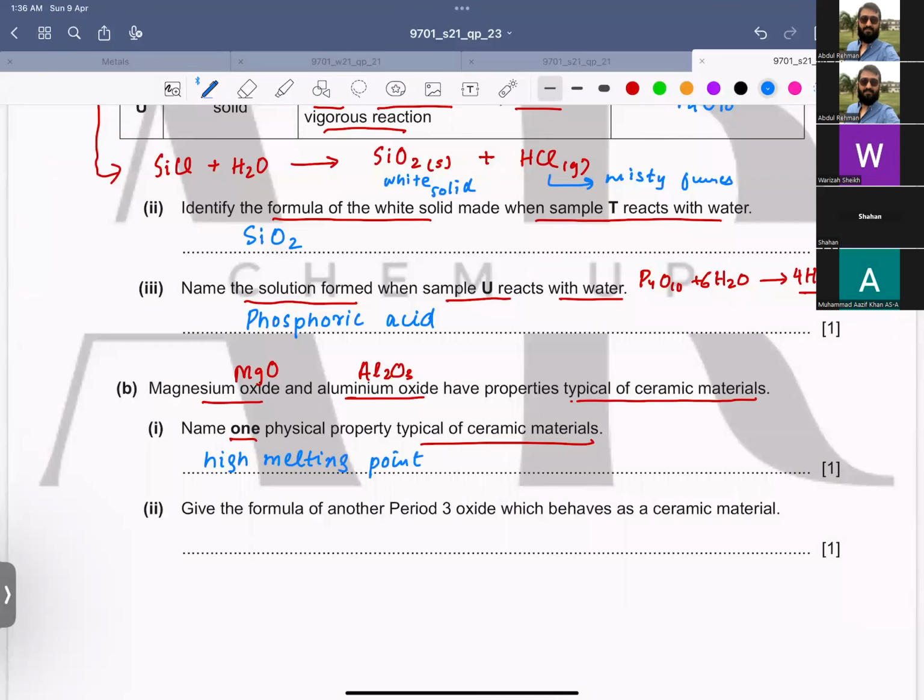Another property is that they are insulators, or non-conductors of electricity. And another property is that they are very strong.